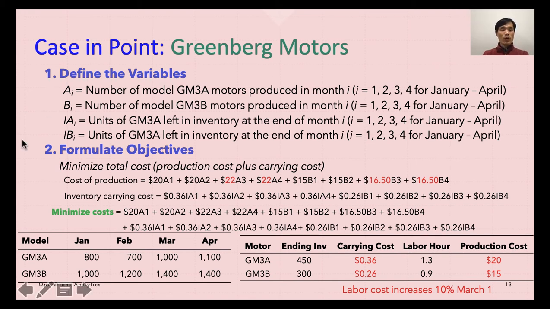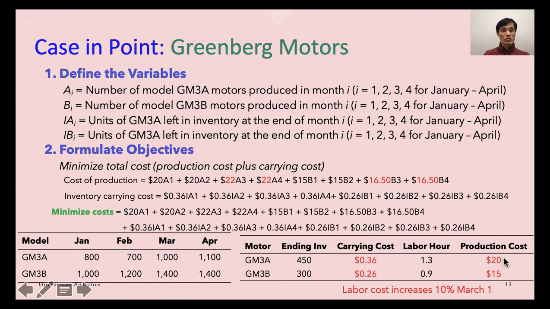So we have two parts in this total cost. The first one is production cost, and the second one is carrying cost. And production cost can be defined as 20A1. Why is it 20A1, right? If you look at this table, the production cost for GM3A is $20 in January and February.